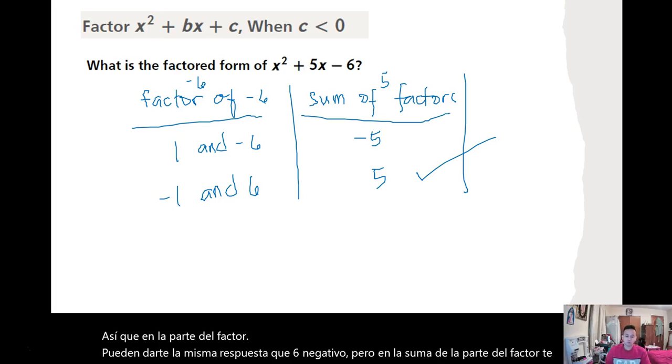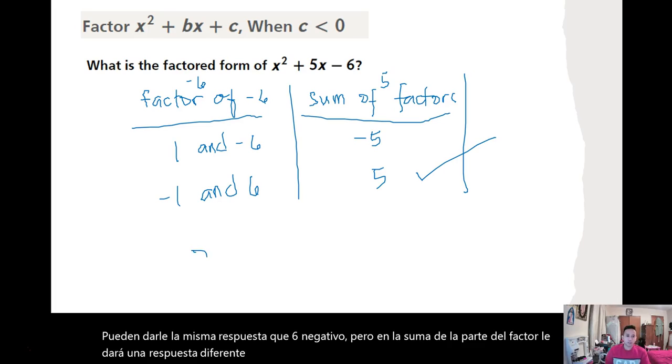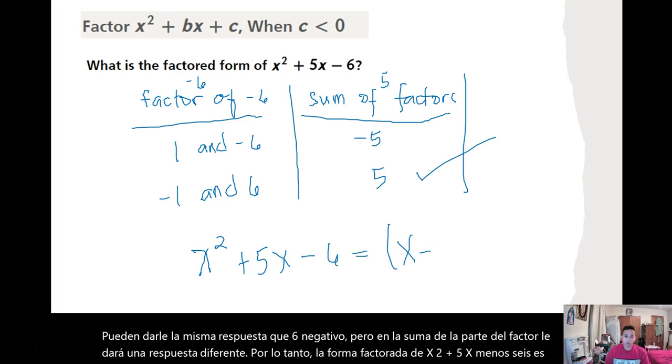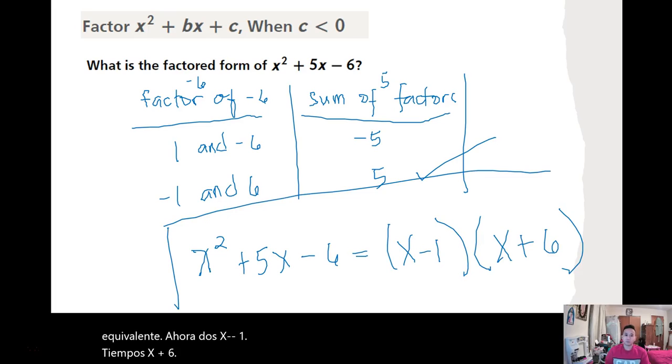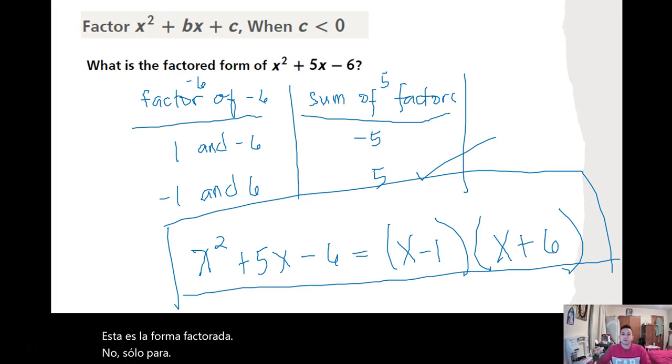So the factored form of x squared plus 5x minus 6 is x minus 1 times x plus 6. This is the factored form.